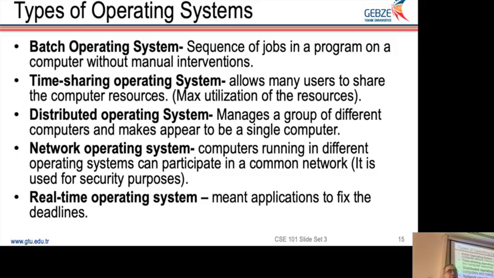And finally, there are real-time operating systems. Real-time operating systems have deadlines. They are used in applications like cars and robotic controllers, where timing is important. How important is timing?